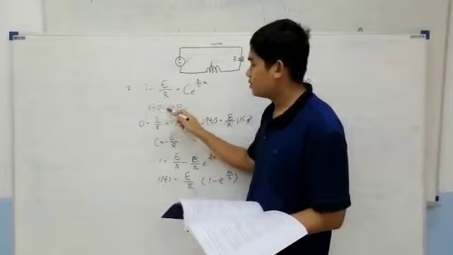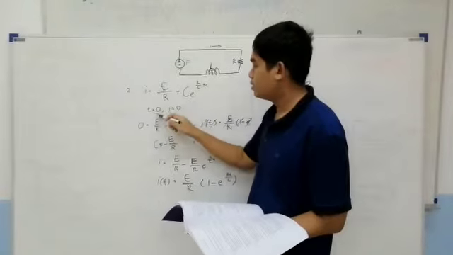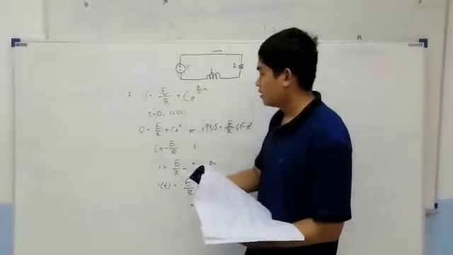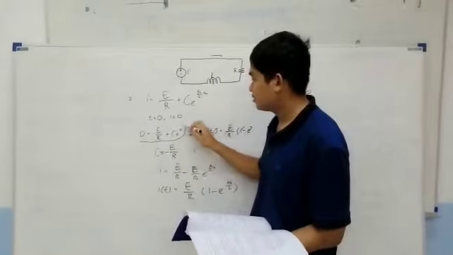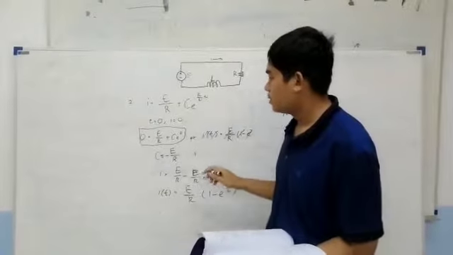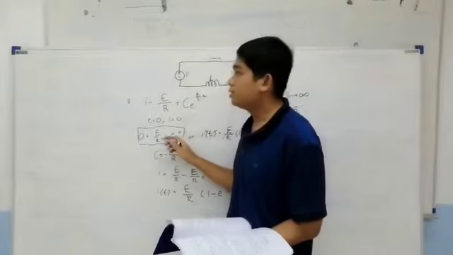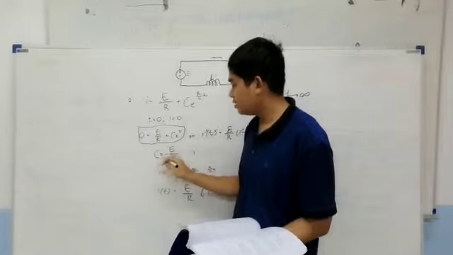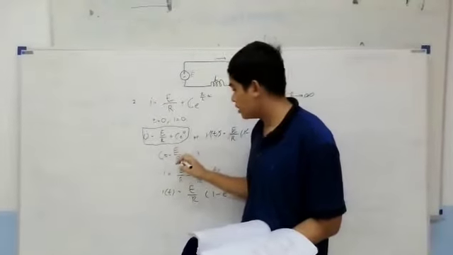If we substitute t is 0 and I is equal to 0, we will get 0 equal to E over R plus C e to the power 0. If we solve it, we will get C equal to negative E over R.